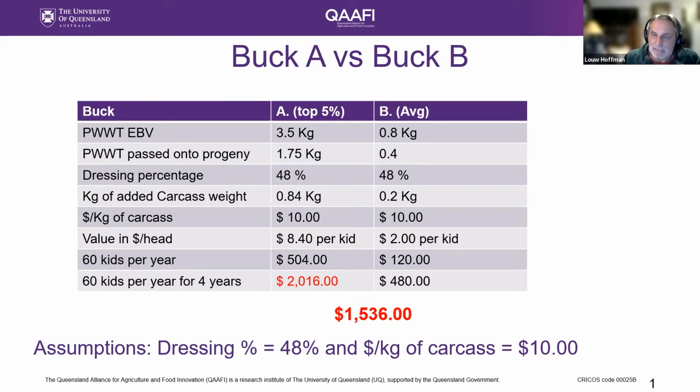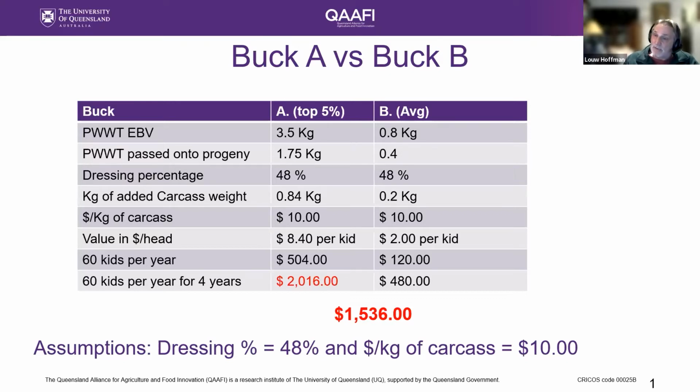So theoretically, if I use that buck, I should get 1.7 kgs more for his offspring than the average of that herd that he came out of. That equates to a 0.84 kg heavier carcass compared to 0.2 kg for buck B. That value is $8.40 per kid versus $2 per kid.